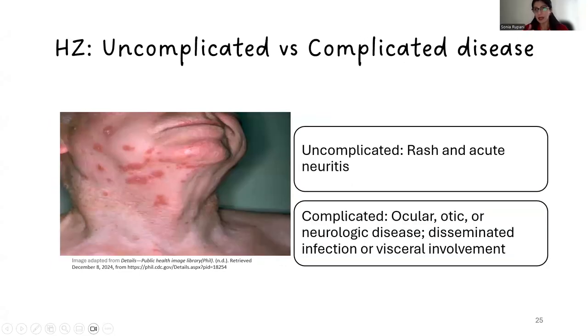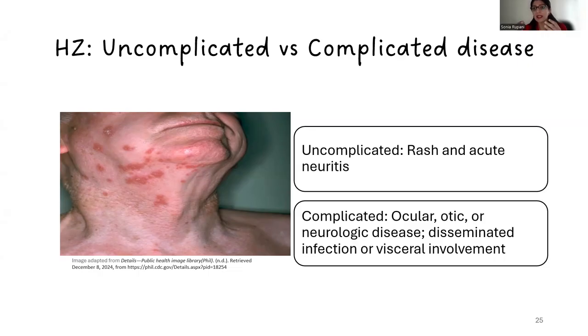Now, in general, when we classify herpes zoster, we call it uncomplicated versus complicated. Now, I'm using the word uncomplicated. It does not mean it is not yet very disabling. It's very painful, patients are not comfortable when they have the rash, when they are experiencing the acute neuritis, they're having that pain.